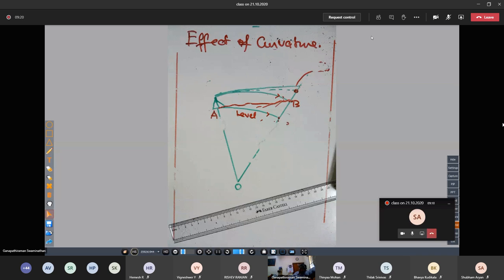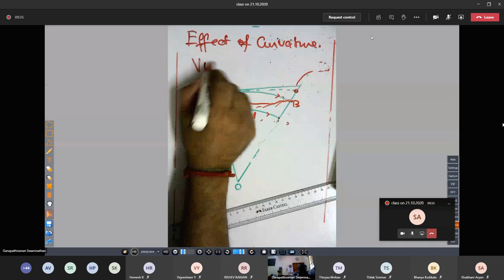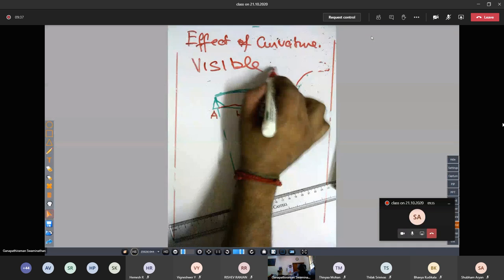It's the mast of the ship. Somewhere your vision goes where the sky and the water merge together. This is what is called the visible horizon.